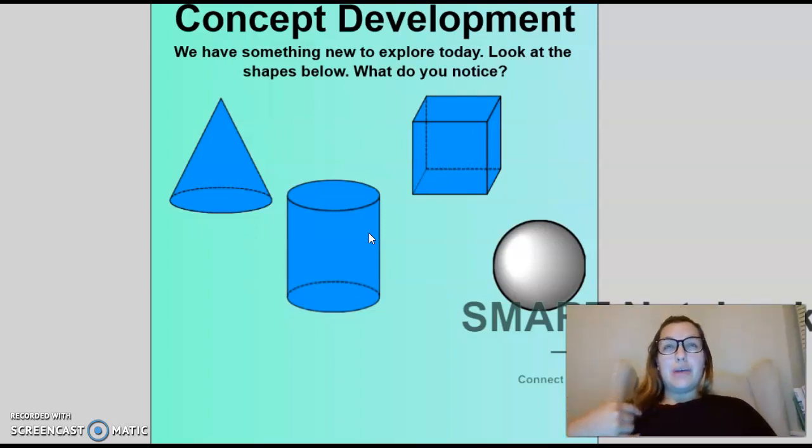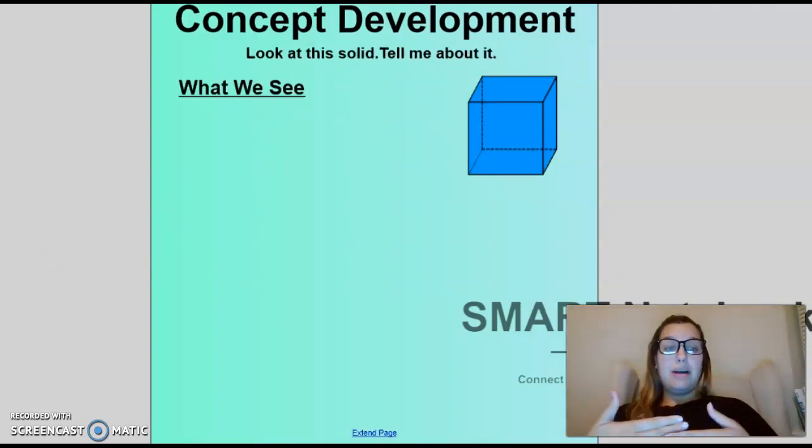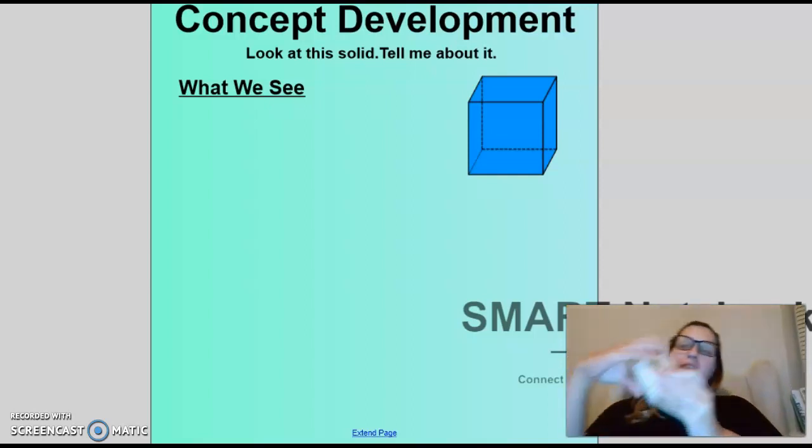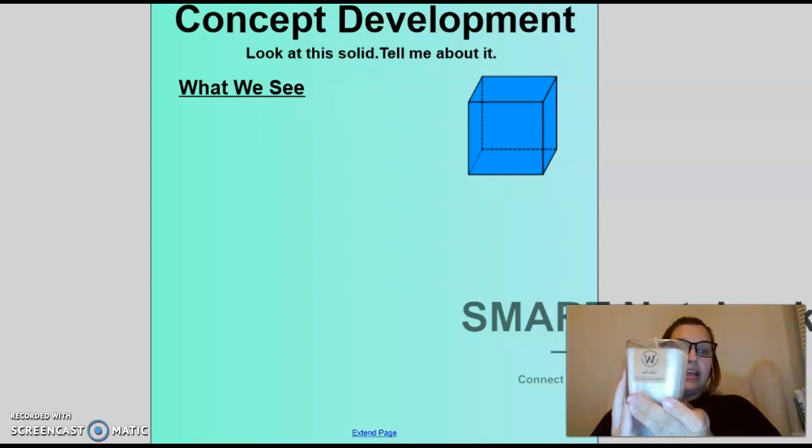I went around my house and I did my best to find some things that look like the shapes you see on your screen. So that's what we're going to do today, and we're just going to talk a lot about these shapes. This is our first solid shape, and the example I have is this candle.